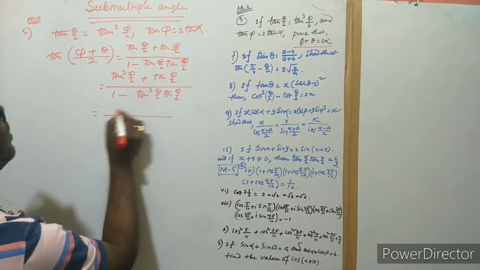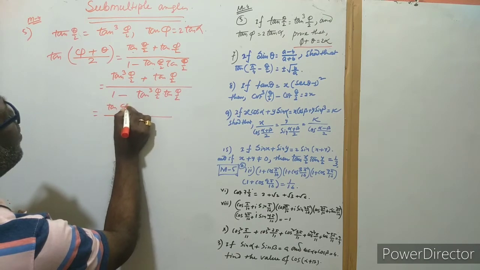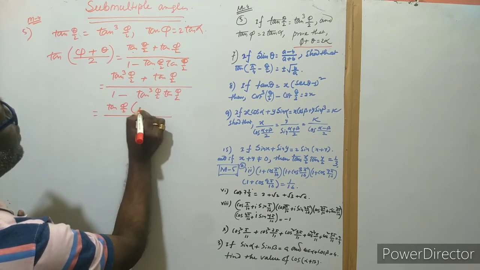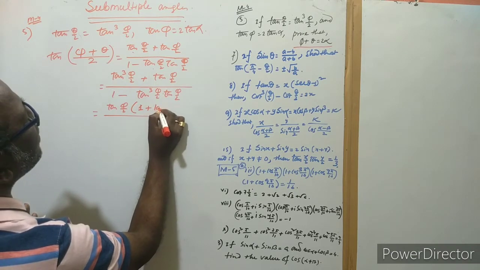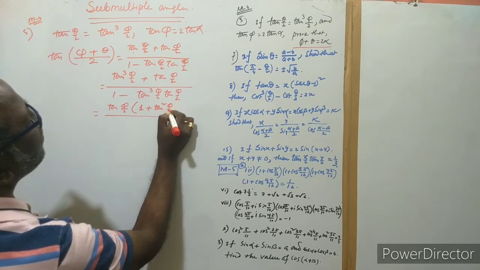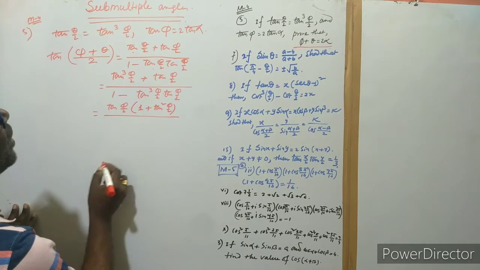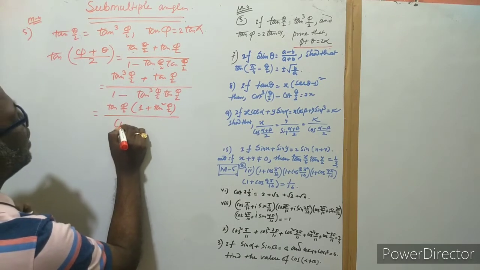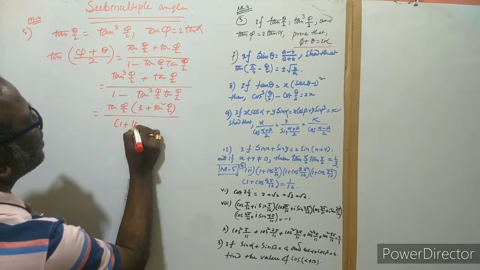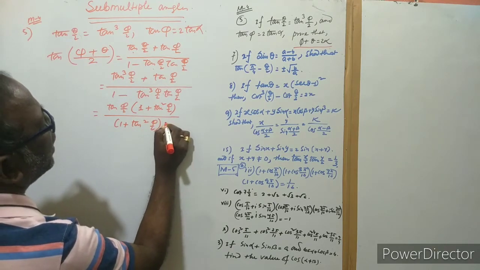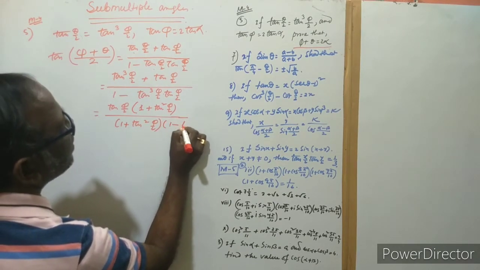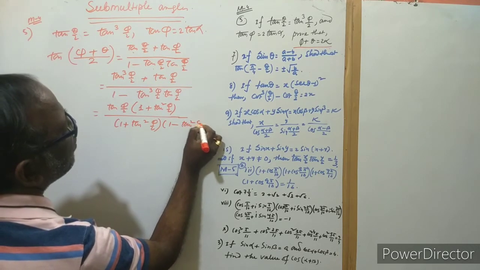So we take tan phi by 2 common as a factor, and then another factor is 1 plus tan square phi by 2, and this is 1 minus tan to the power 4, so we can take the factors like 1 plus tan square phi by 2, and another one here is 1 minus tan square phi by 2 here.